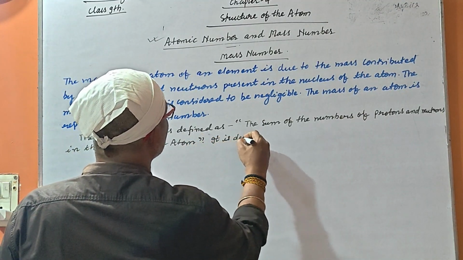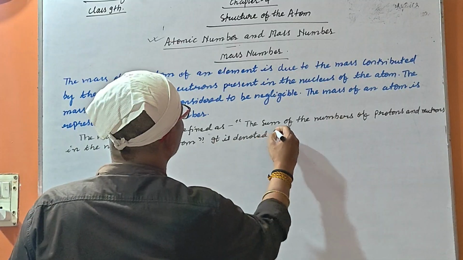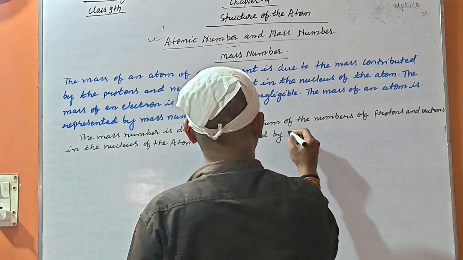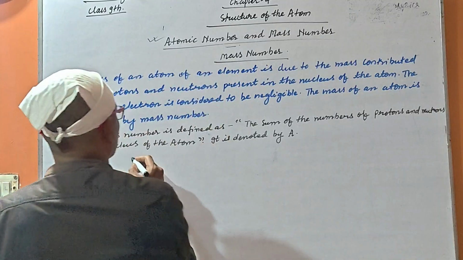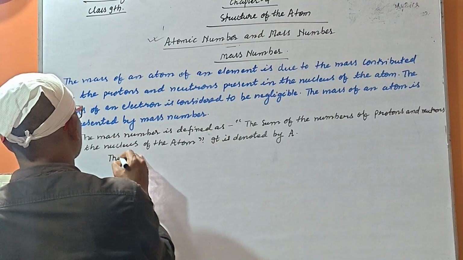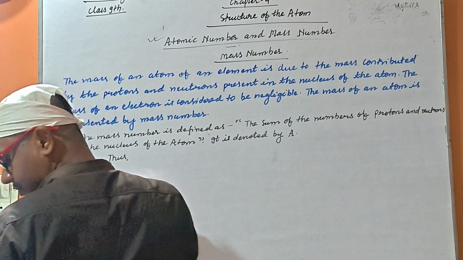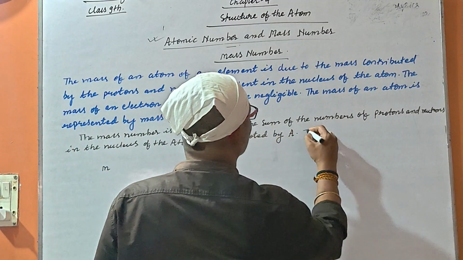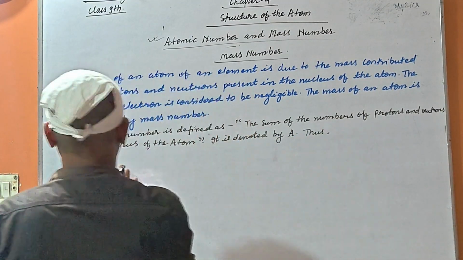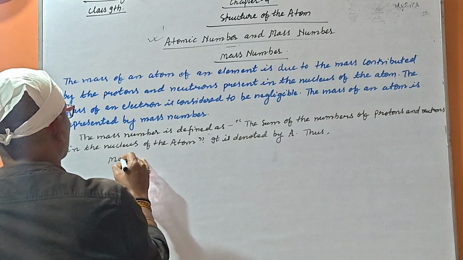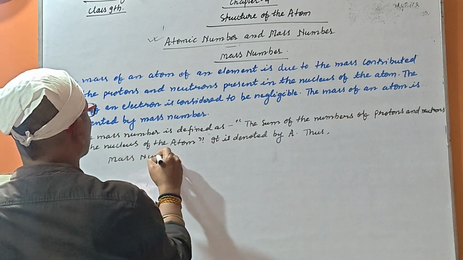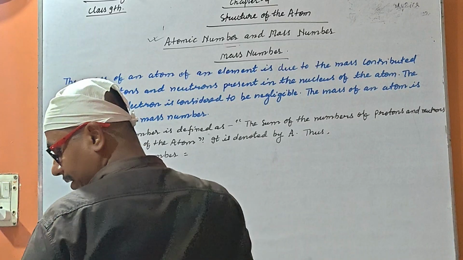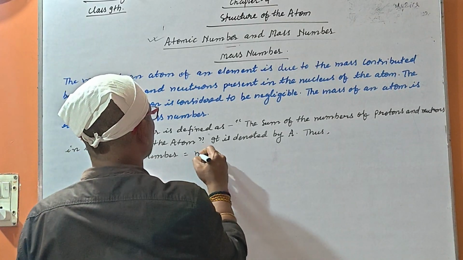It is denoted by A. Thus, mass number equals number of protons plus number of neutrons.